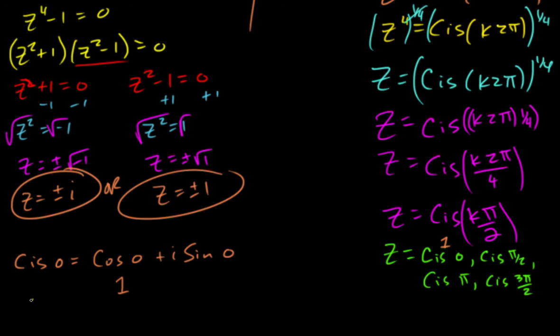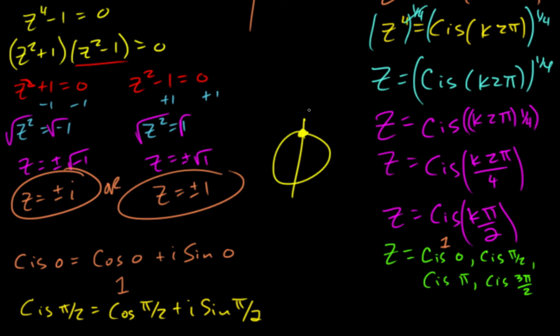Okay, now if we do cis pi halves, that's going to be cosine pi halves plus I sine pi halves. Pi halves is right here, which is 0, 1. So cosine goes to 0, sine goes to 1, so that's going to leave us with an I.